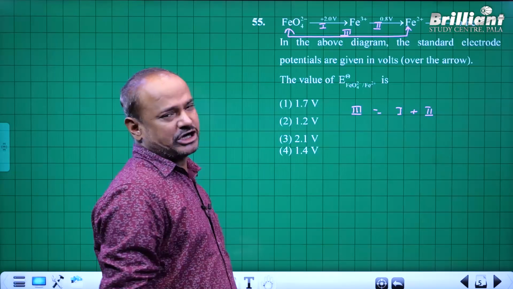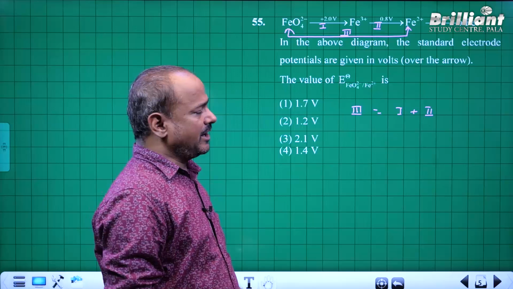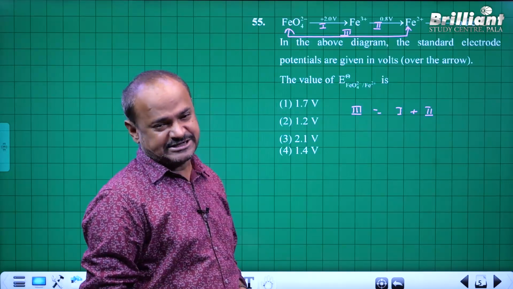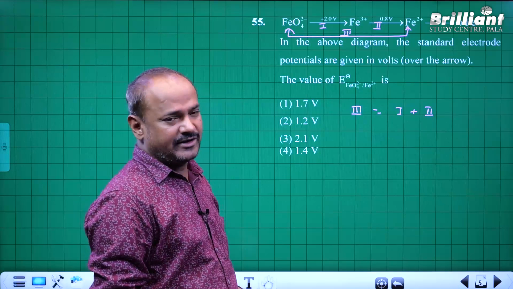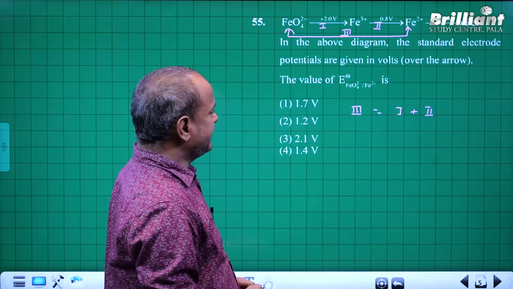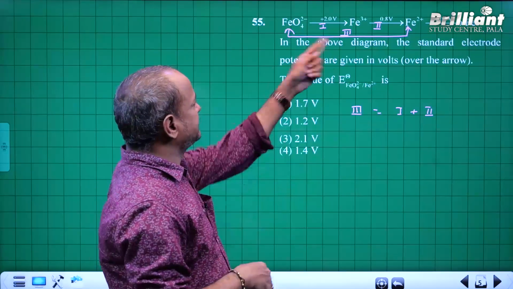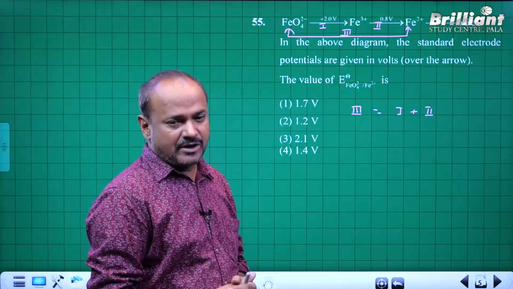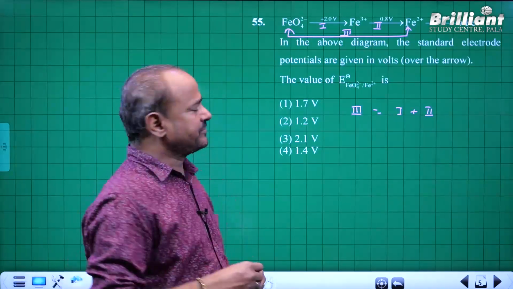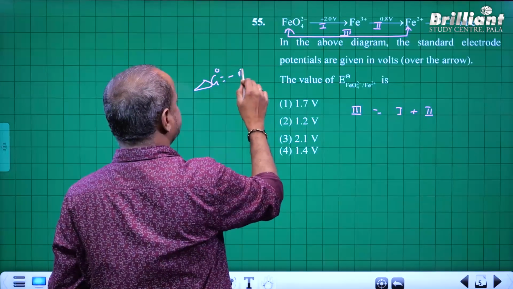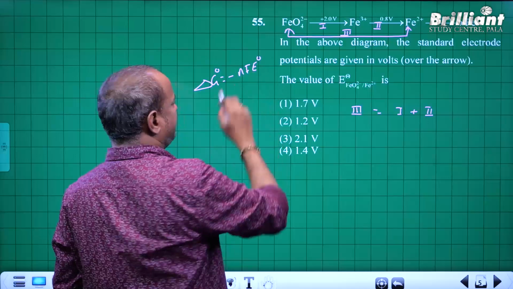It does not depend on the stoichiometry or number of electrons participating. The G0 value is an extensive property that depends on the stoichiometry. That's why we calculate E0 value in terms of G0 value, because delta G0 is equal to minus nFE0.